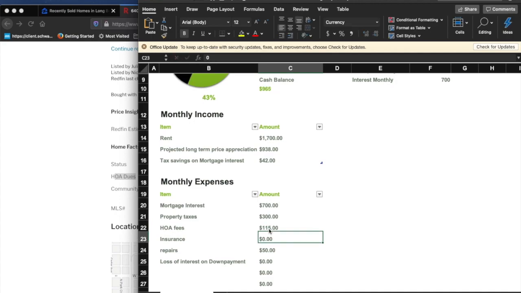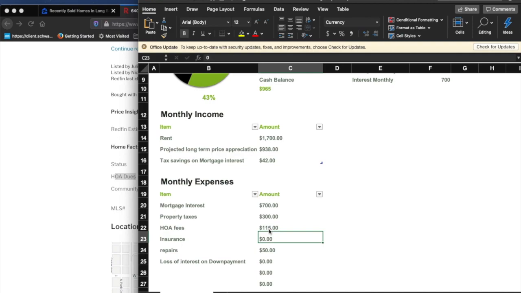And then insurance. When it comes to insurance for houses, it's more expensive. If it's a single family residence, I would say at least probably $50 or so. And then the bigger the house and so on, the more expensive it is.